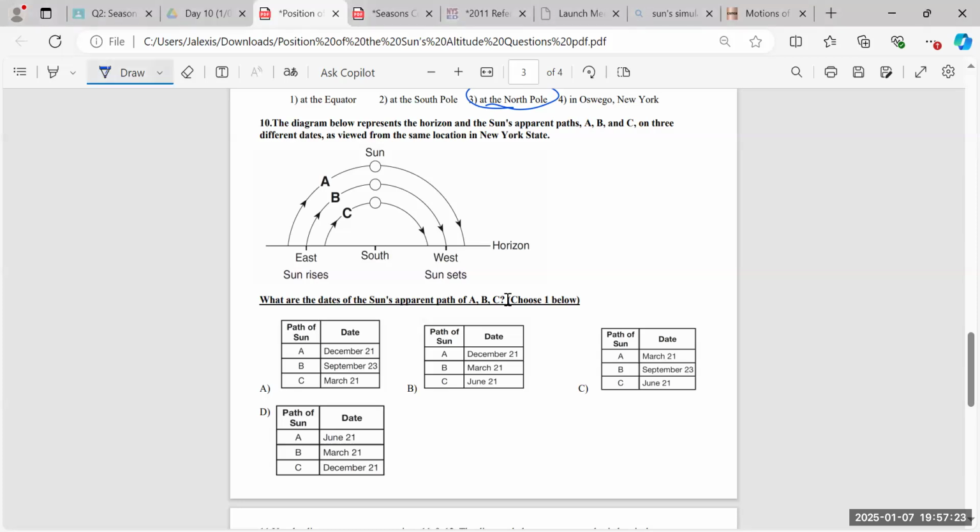Well, we know when the sun travels its highest path, right? That represents the first day of summer, which means it is the summer solstice.